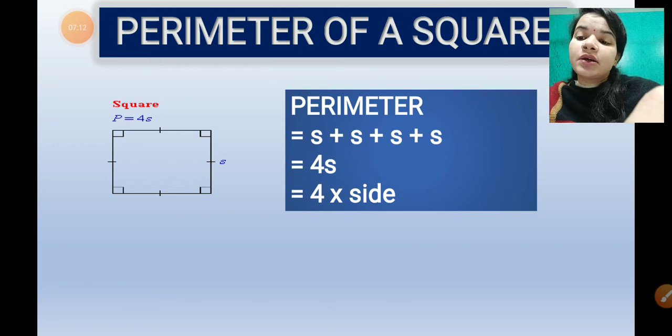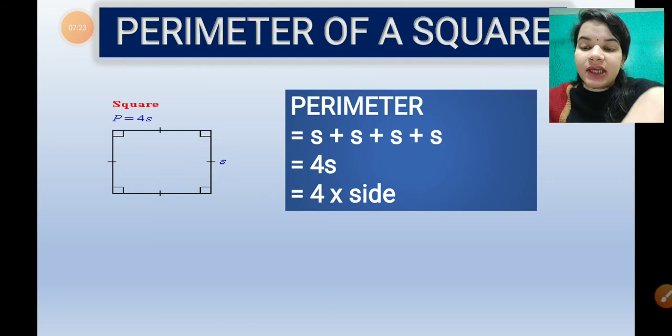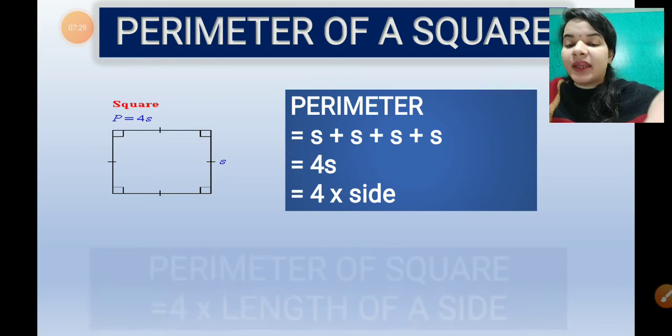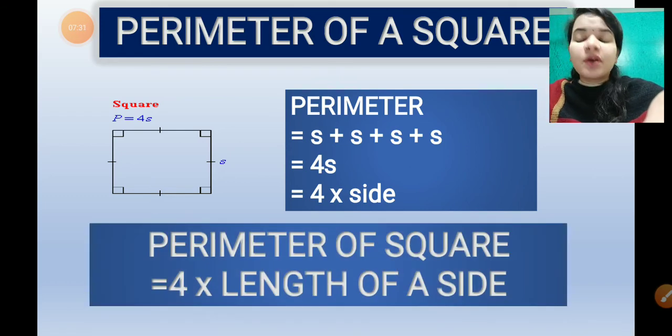You will add its side, that is S, 4 times. Okay, S plus S plus S plus S. On adding you will get 4S, or you can say it is 4 into side. So in this way the formula for perimeter of a square becomes 4 into length of a side. Okay, so this is the formula for perimeter of a square.